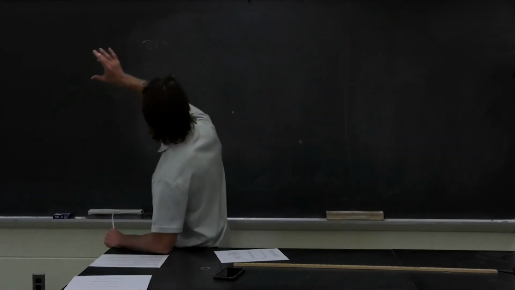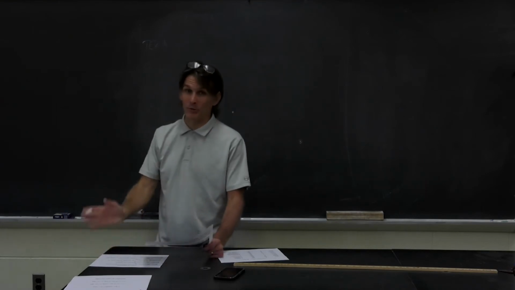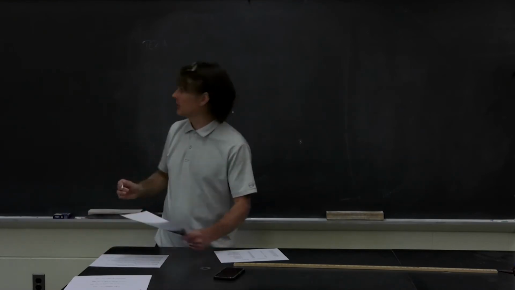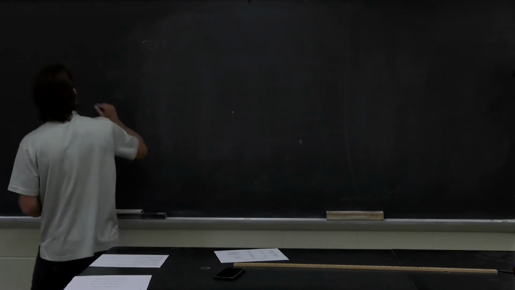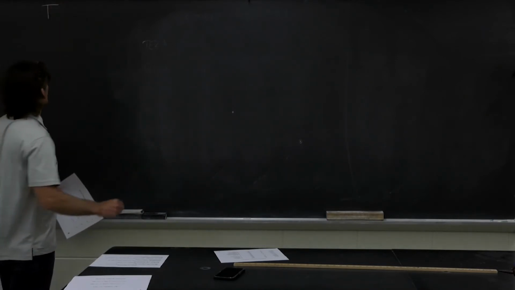I'm going to draw a chart across the top of the board that I use to help me when I'm doing metric conversions. So the chart looks like this. I'm going to write a capital T for tera, and it's important you include the dashes.